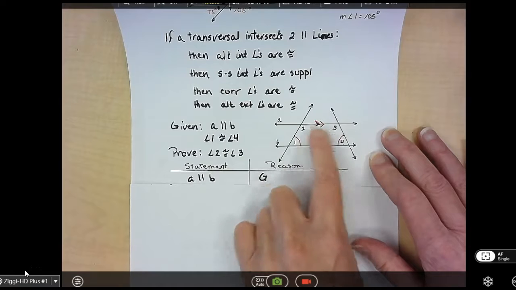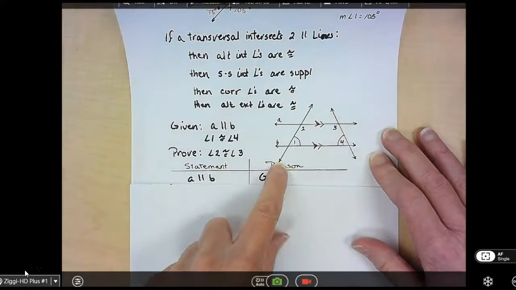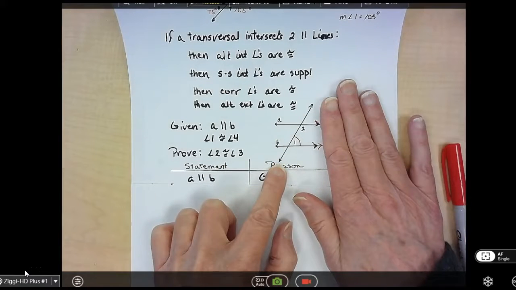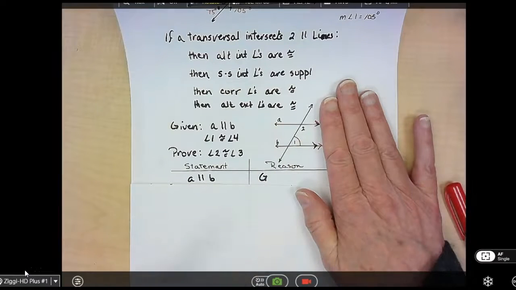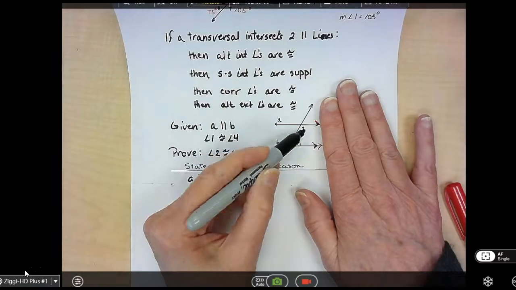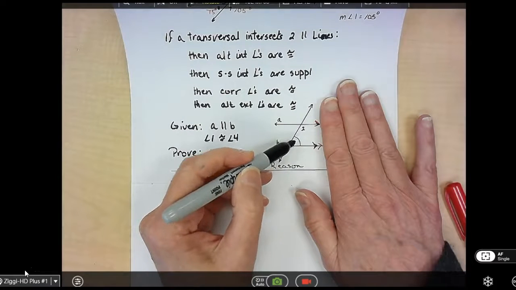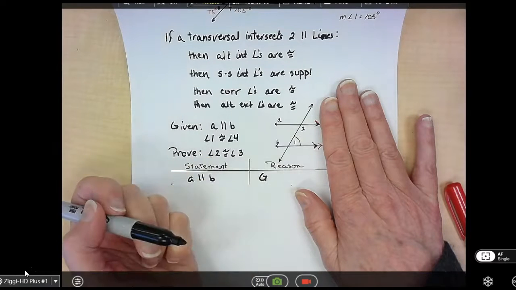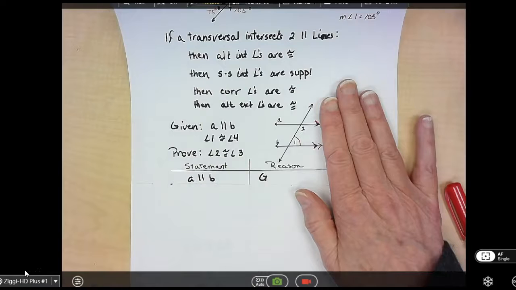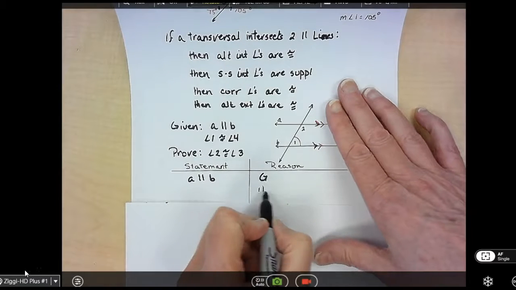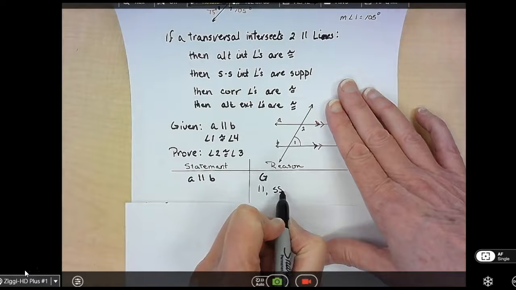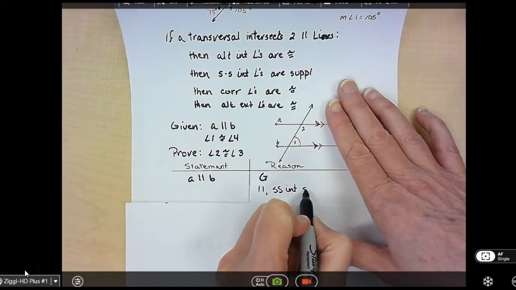So with my parallel lines and this first transversal, what do I know? In that section, I have angle 1 and angle 2, and those are same side interior angles. They must be supplementary. So when our lines are parallel, same side interior are supplementary.